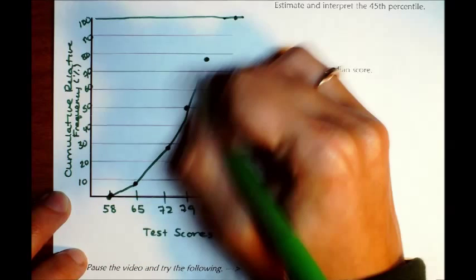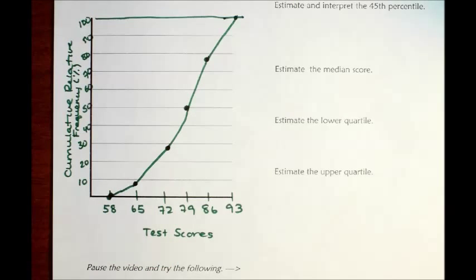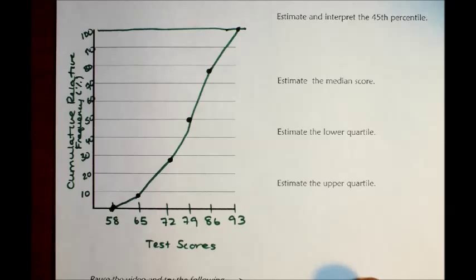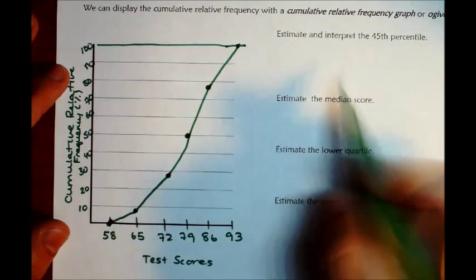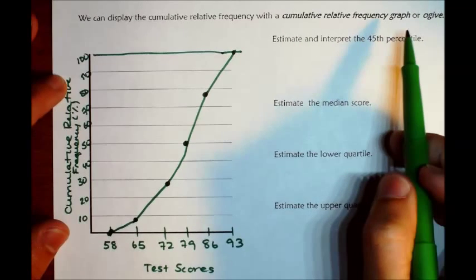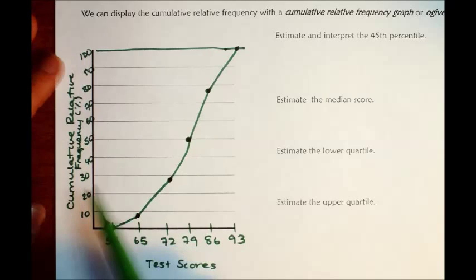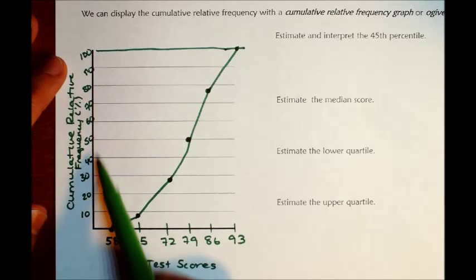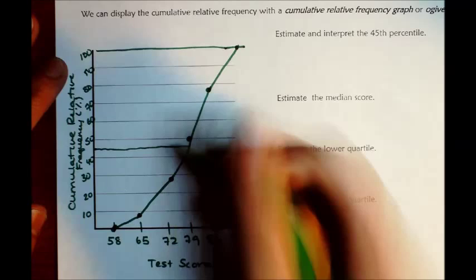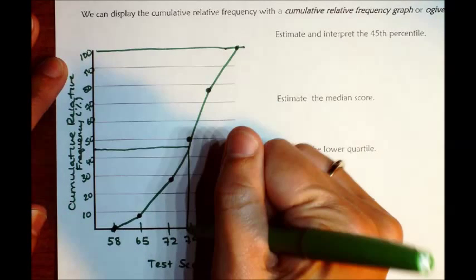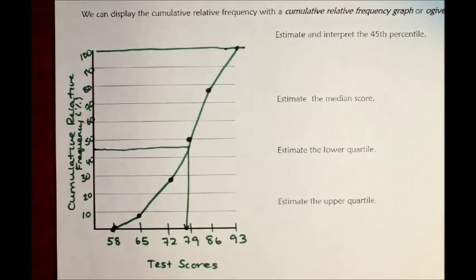What's nice about a cumulative relative frequency graph is that you can easily tell percentiles. So we want to estimate and interpret the 45th percentile. The 45th percentile is where 45% of the data falls below. So here's 45%. We follow it over. So we'd say that that is approximately 78.